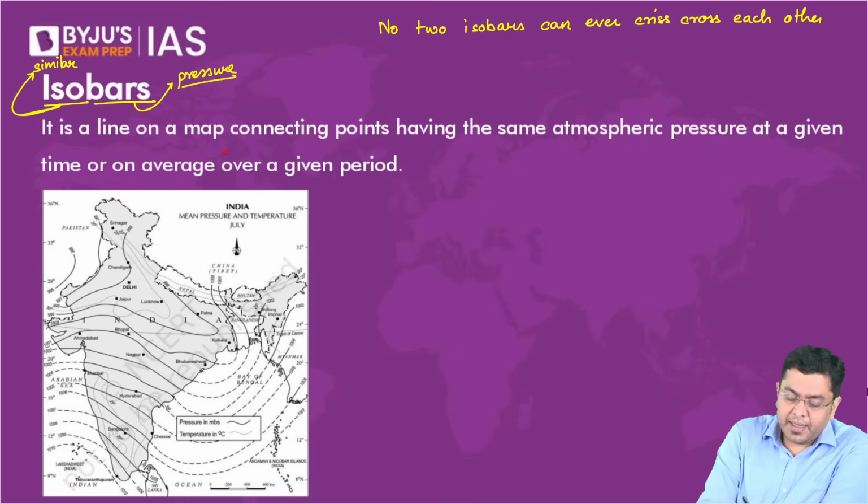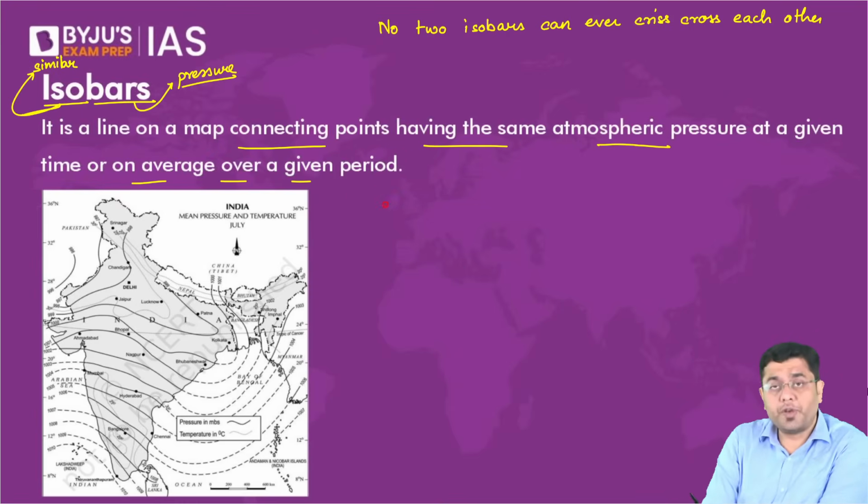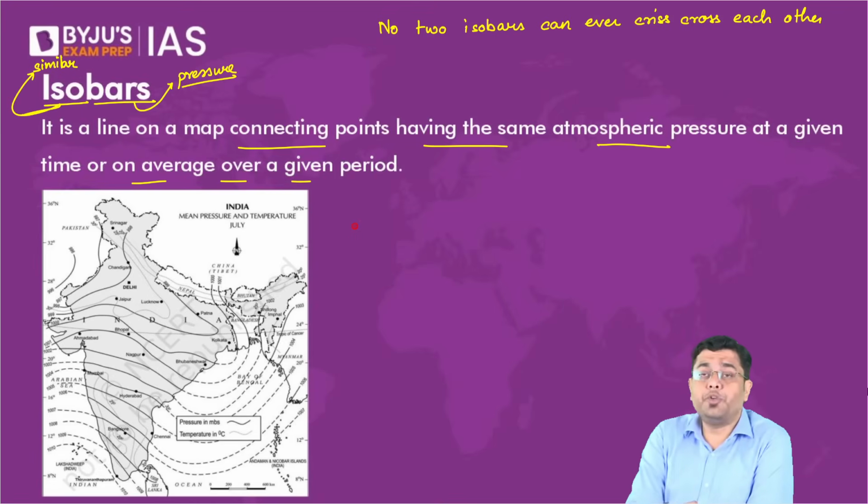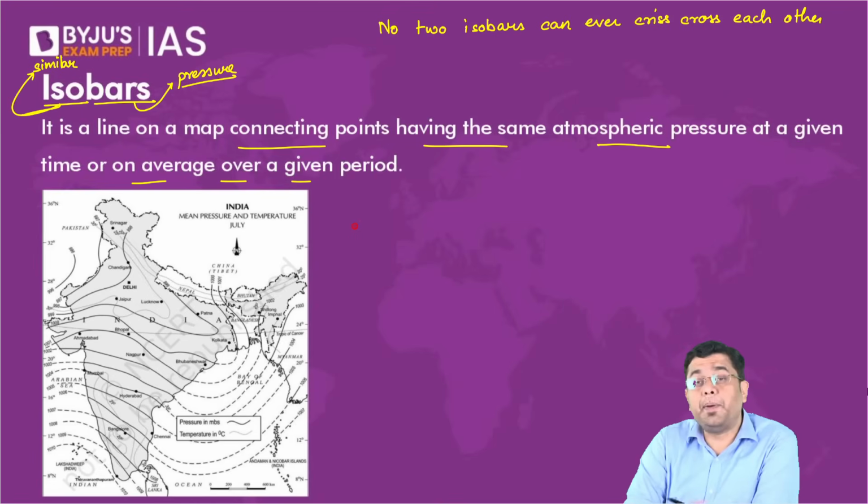Now, an isobar is a line on the map connecting points having the same atmospheric pressure at a given time or an average over a given period. These isobars also help us understand the variation in pressure as you move over a particular distance.